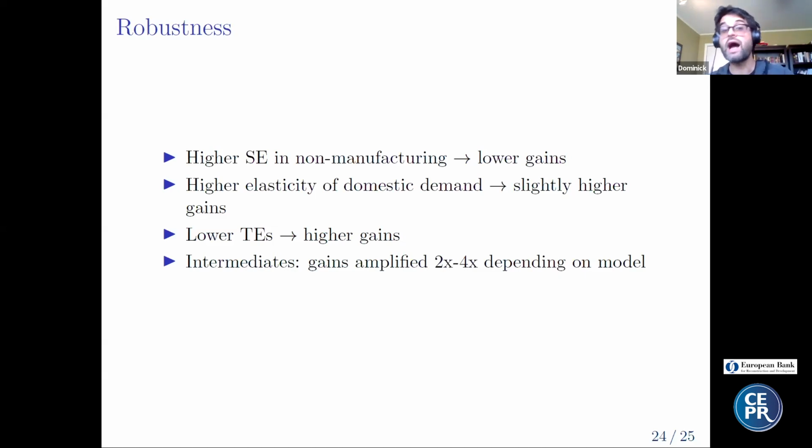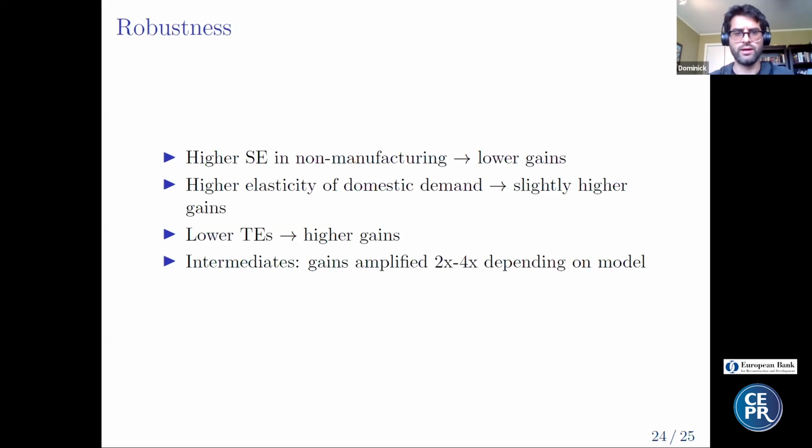Of course, if you have a higher elasticity of domestic demand, you do get slightly higher gains, but quantitatively not a ton higher. Suppose you have lower trade elasticities, that tends to lead to higher gains, both because the data tend to imply that you have higher scale elasticities if you assume lower trade elasticities, and because trade policy becomes much more effective.